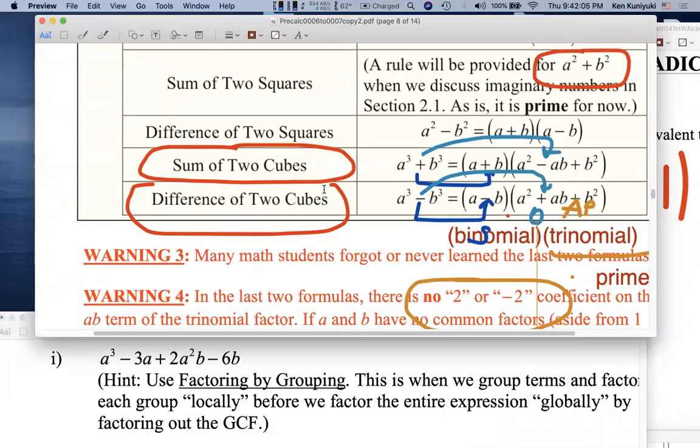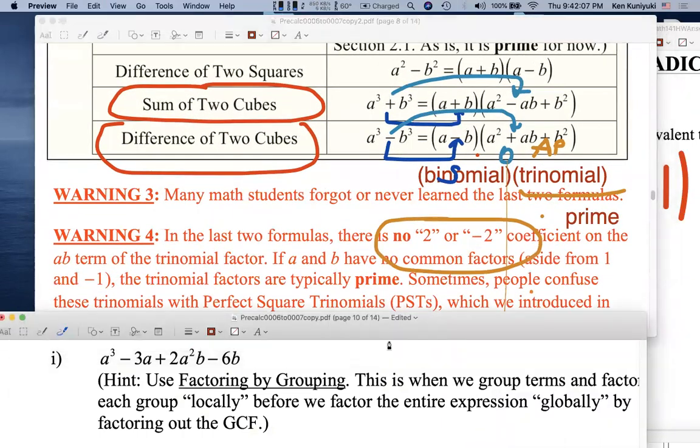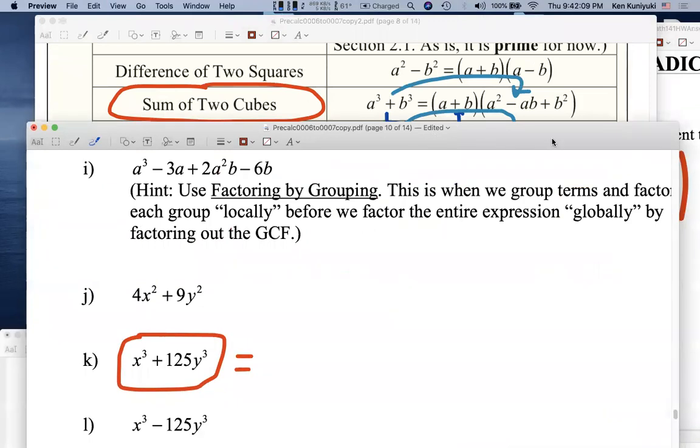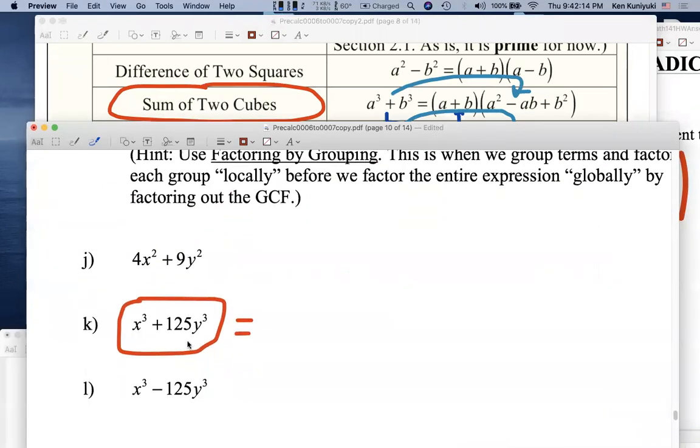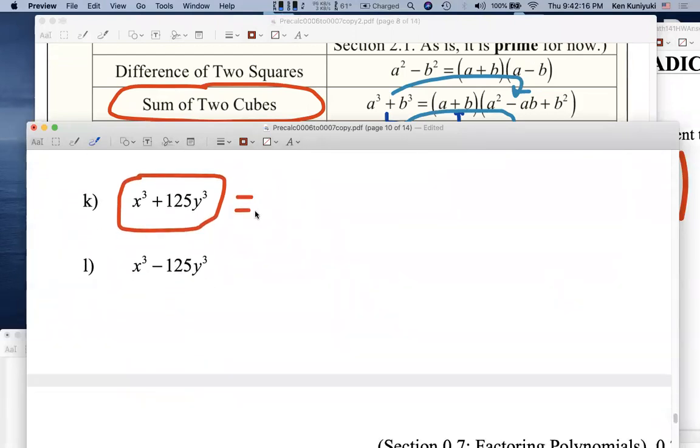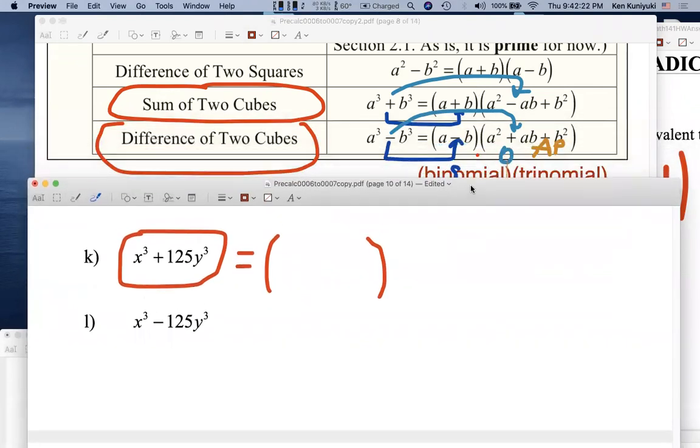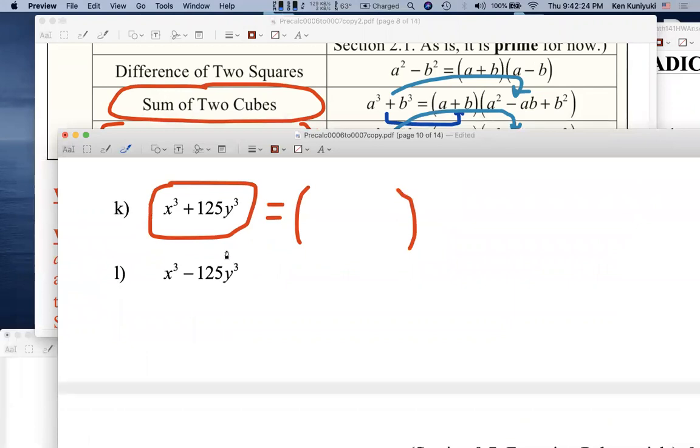Here's the rule. Instead of a cubed plus b cubed, we have x cubed plus 125y cubed. So here's a way I might think of this. What's the sign? S for same sign. I have a plus sign here and a plus sign here. That's from SOAP, same sign.